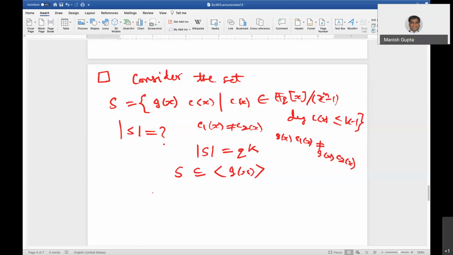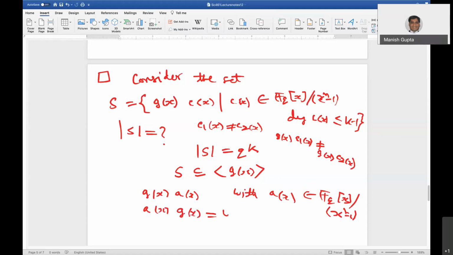Now S is a subset of the code generated by g(x). On the other hand, if you take any codeword a(x) in the polynomial ring Fq[x], we can write a(x) as some polynomial u(x) times x raised to n minus 1 plus v(x), where the degree of v(x) is less than n.